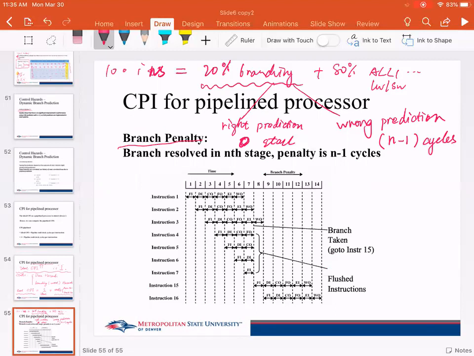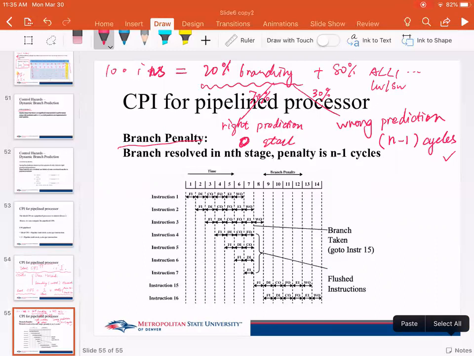Suppose the branch can be resolved in the n-th stage, then we have to stall the pipeline for n-1 cycles. However, this is not always true. How often it is true depends on your prediction accuracy. Suppose the prediction accuracy is 70%. That actually means for 30% of the time, you need to pay the branch penalty.